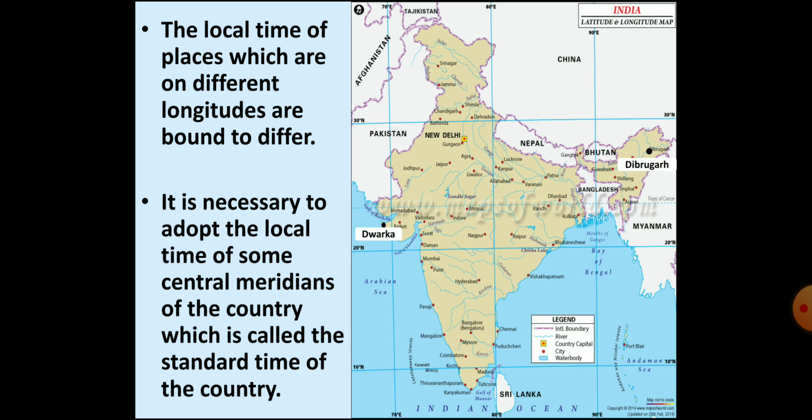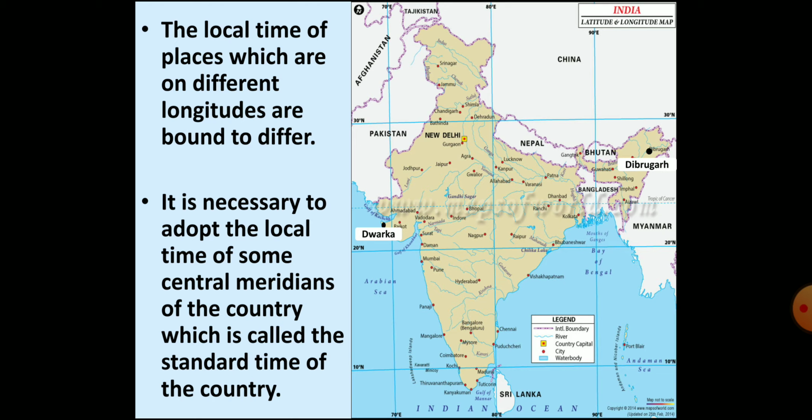For example, in India, Dwarka in Gujarat is approximately on 77-degree east longitude. You can locate this on the map in front of you. And Dibrugarh in Assam is approximately on 95-degree east longitude. Thus, there will be a difference of almost 1 hour 45 minutes in the local times of these places.